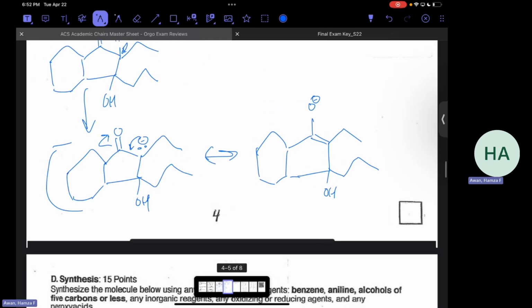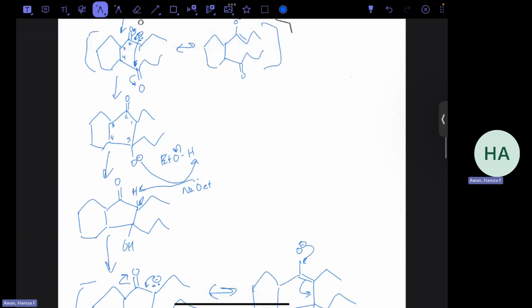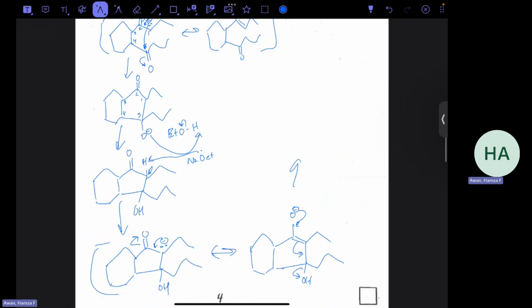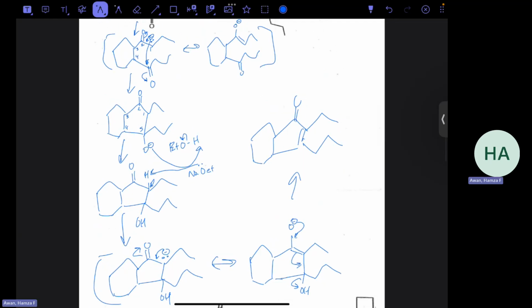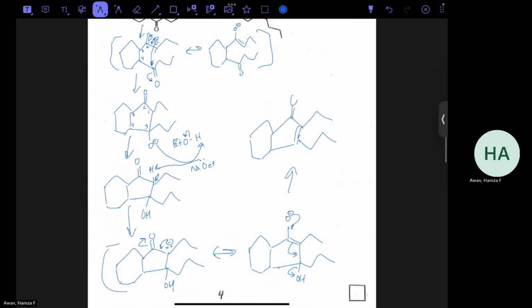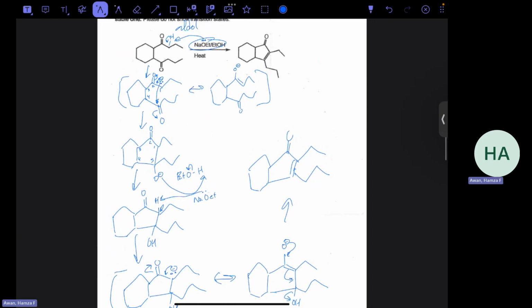And now we can use this lone pair to create a double bond on the oxygen. We can move this double bond over onto this side, and now we can show that this OH leaves. And so that will give us our final product of this 5 carbon ring double bonded to an O with these groups attached to it and the double bond. So that will be our mechanism.